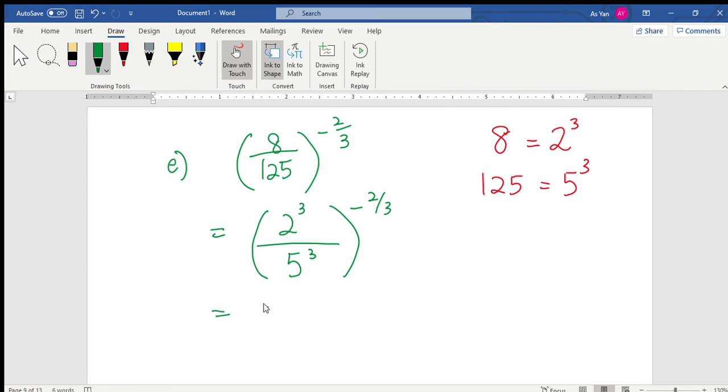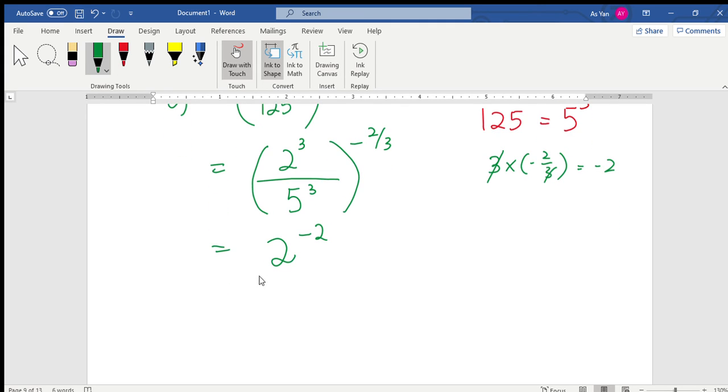So 3 times negative 2 over 3, simplify, becomes negative 2. And then 3 times negative 2 over 3, same, negative 2. So that means 2 to the power of negative 2 over 5 to the power of negative 2.